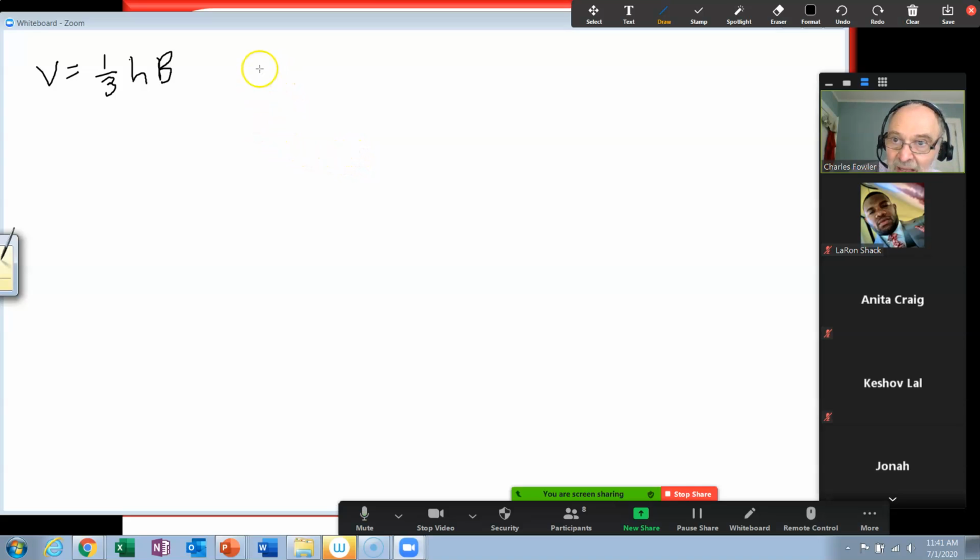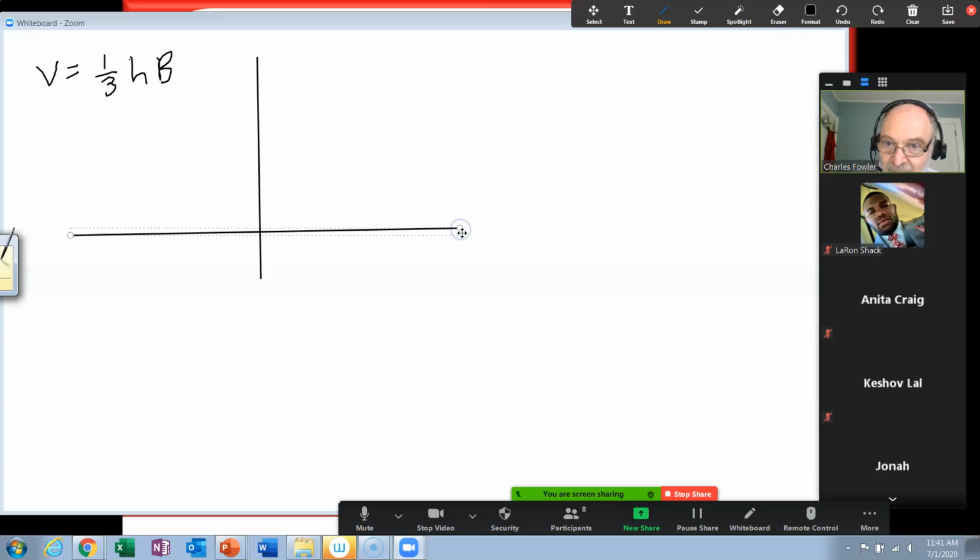I will try to draw the y-axis here, something like that, not quite vertical, but close. The x-axis, I don't need that much on that side, mostly on this side. Not very horizontal either.